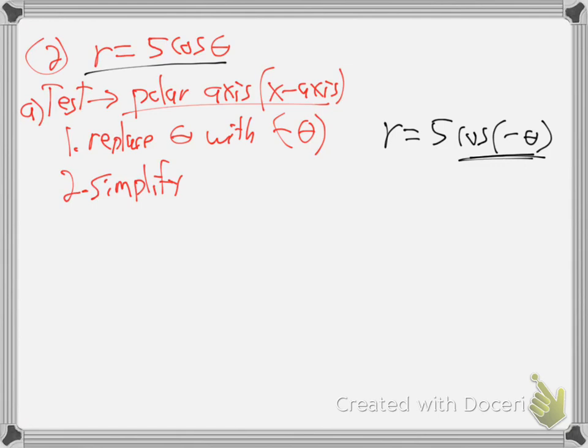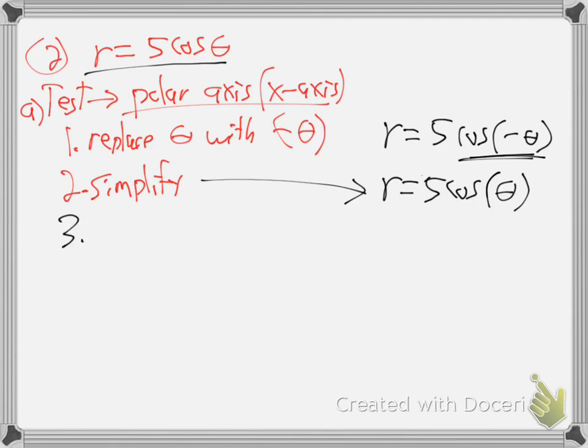It's like plugging a negative into x squared. Cosine's an even function. It just vanishes, doesn't it? So when you simplify, it just goes back to regular. The negative vanishes, becomes positive, right? That's what cosine is. Sine or tangent, the negative goes out to the front. But cosine, it vanishes because cosine's an even function.